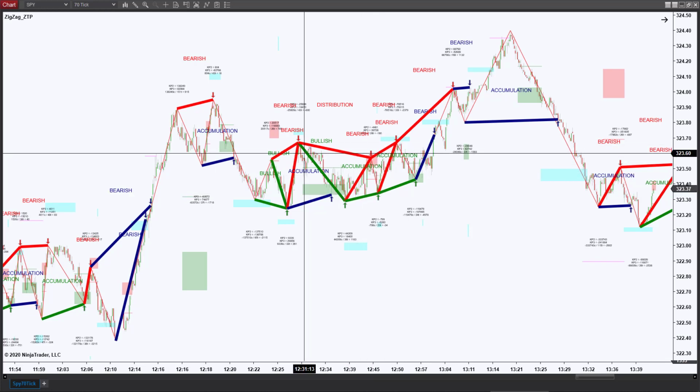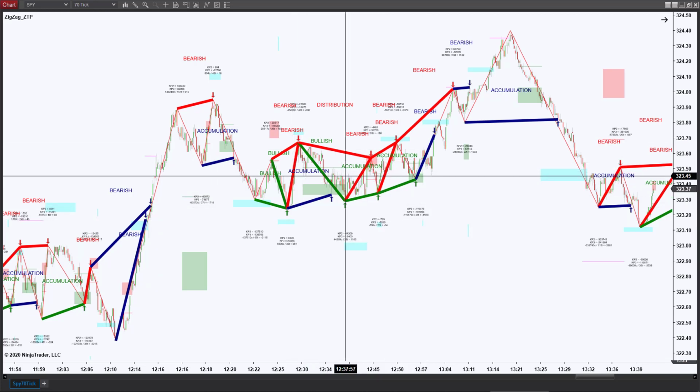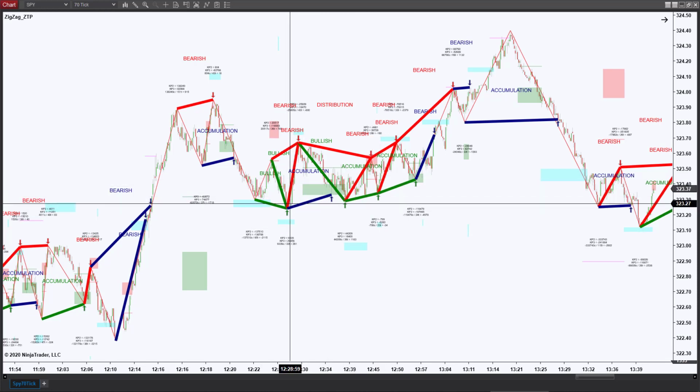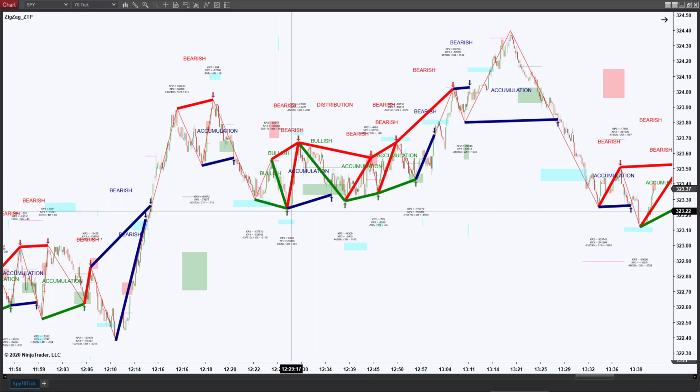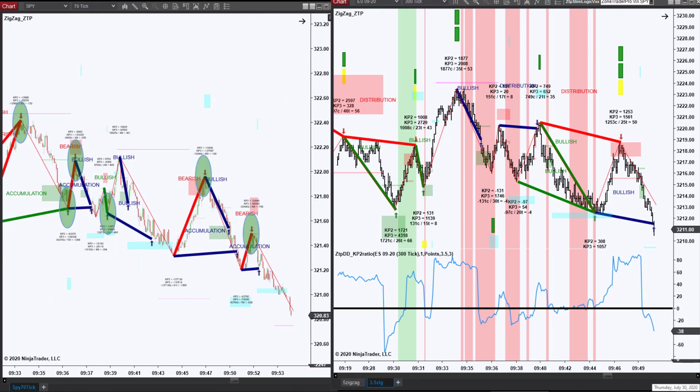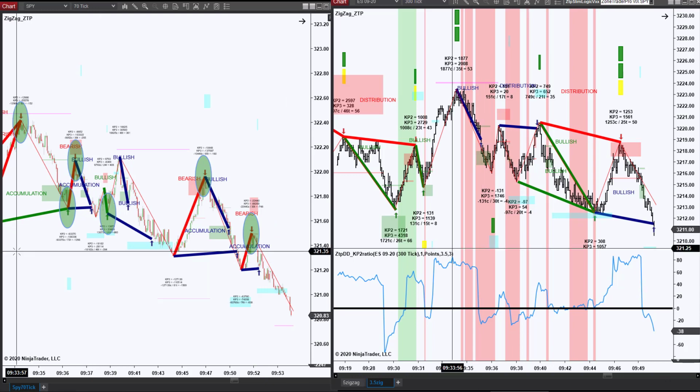However, we would also want to take into account what was happening on the ES. We'll get into that a little bit later. What was happening on the ES is we just wanted to be long, and I'll show you why on the ES chart. Okay, the trades I'm going to go over are the trades from today, which was Thursday, July 30th.